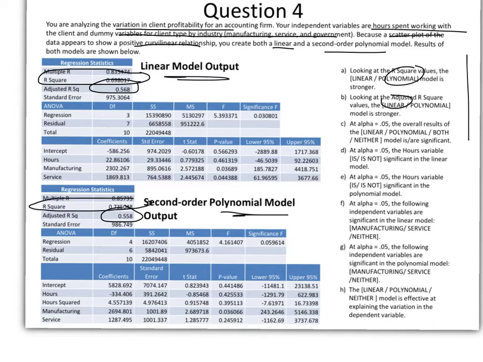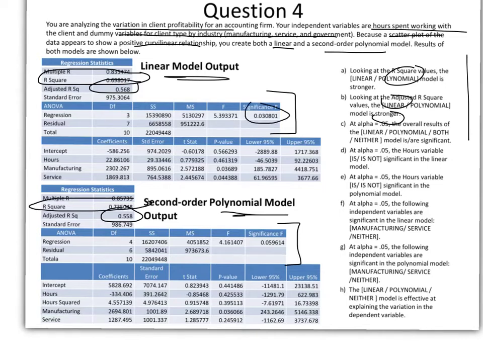At alpha 0.05, the overall results of the linear, polynomial, both or neither model are significant. If alpha is 0.05 here in part C, we're looking at the overall model, which is this center section of our output. We've got the probability of our linear model, which is shown right here.